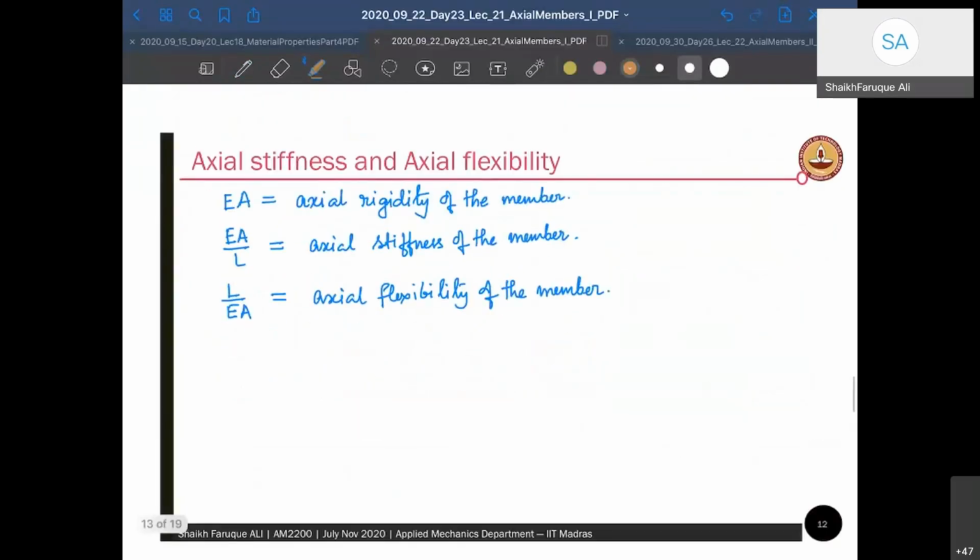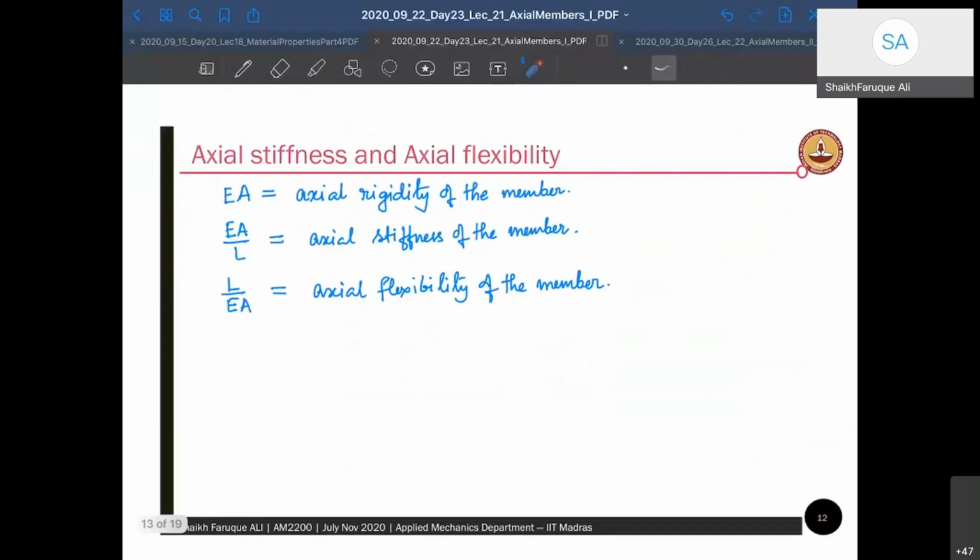A few terms are very important for you to understand. One is EA, called the axial rigidity of the member. EA by L is called the stiffness of the member, and L by EA is the flexibility of the member. What is stiffness? Stiffness is the force required for deformation.